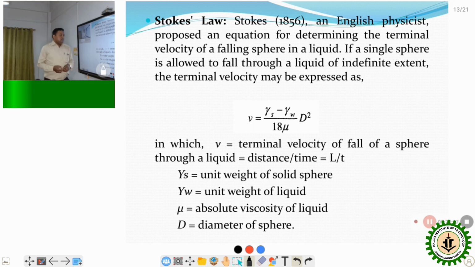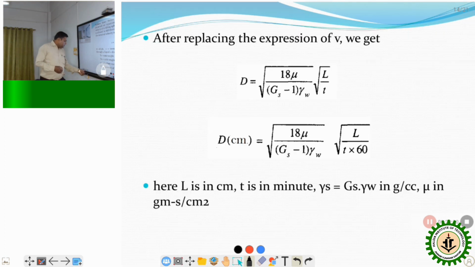Gamma S and gamma W are all known to us, and the viscosity of the suspension can also be calculated. So the only unknown parameter in this expression is the diameter of the particle, or the particle size. After replacing all the expressions of V, the diameter of the particle D can be calculated by this formula.